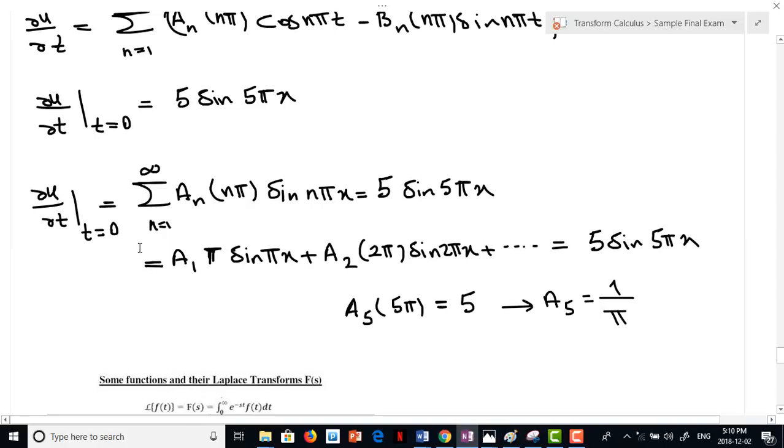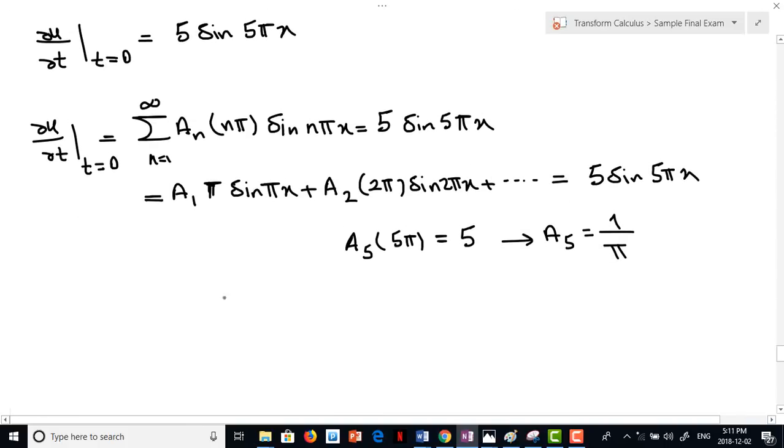So we could find an, and we could find bn. As a result, I can easily find u of x and t. Here you have just a5; an is equal to 0 for all values of n not equal to 5.